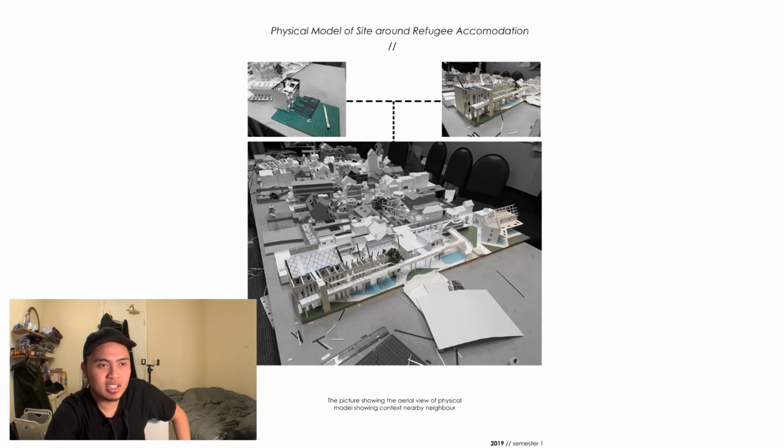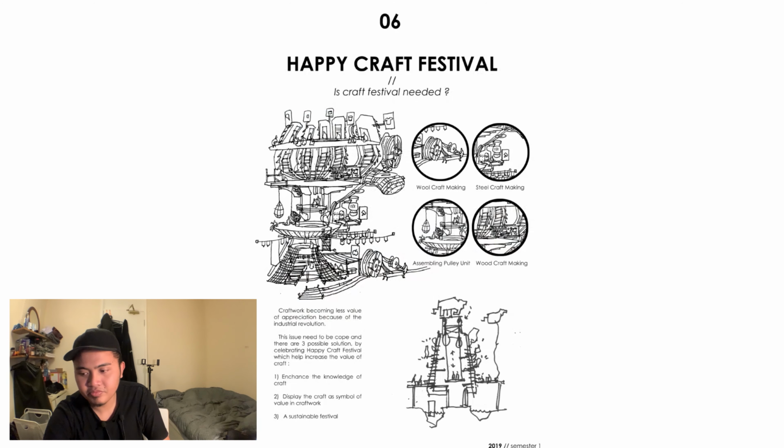This is the development after the design, and afterwards we have a carnival, and I chose a craft festival as my architectural festival theme. I chose craft because craft is kind of a lost thing, it's becoming lost.